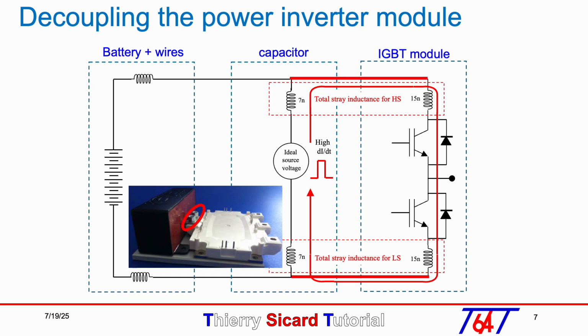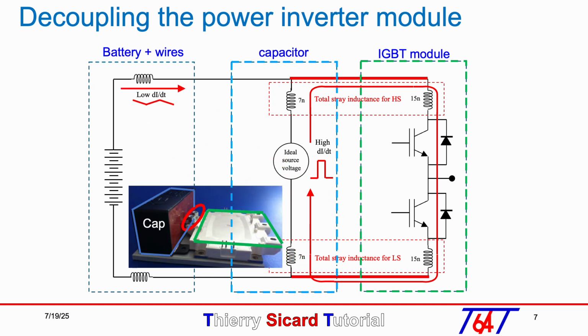In the image, the blue box represents the capacitor and the green box represents the power module. The battery provides a current with a relatively low di/dt, as does the inverter output, which powers the inductor of the three-phase motor.